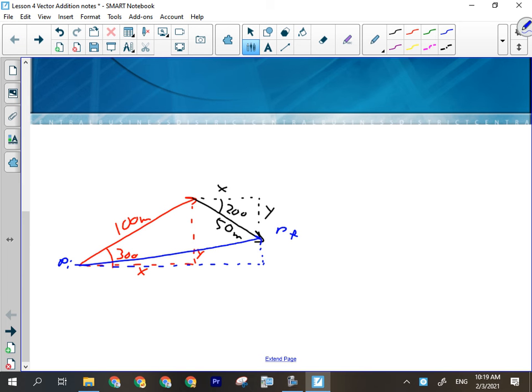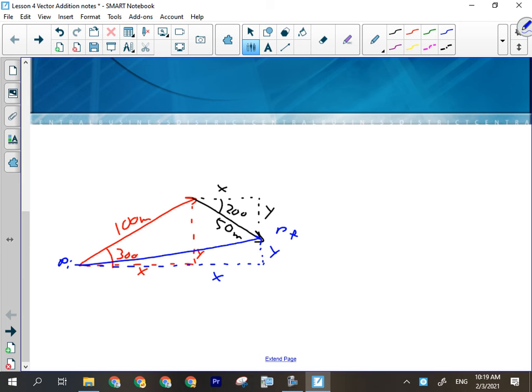Now, here's where it gets interesting. This line also has a y component and an x component. If I take the x component from my red triangle and add it to the x component from my black triangle, does that add up to blue x? It does.